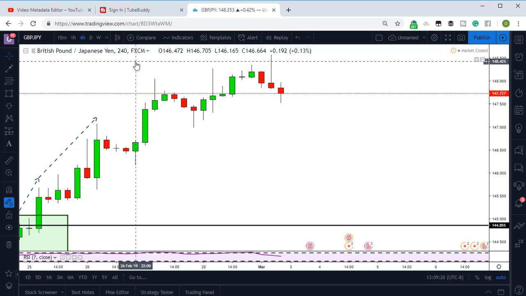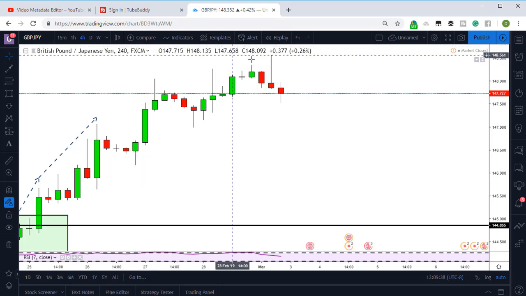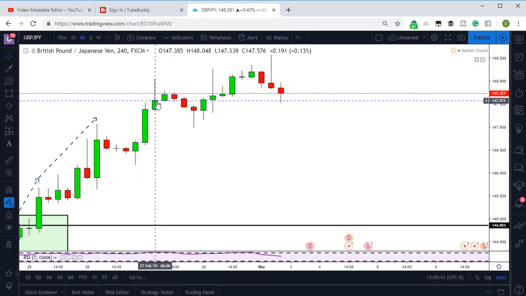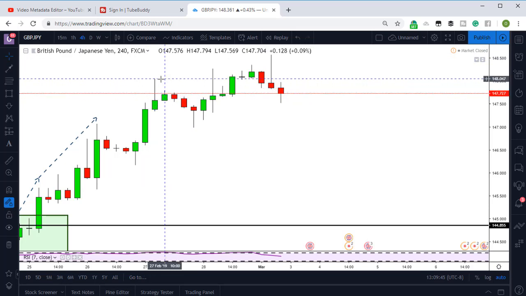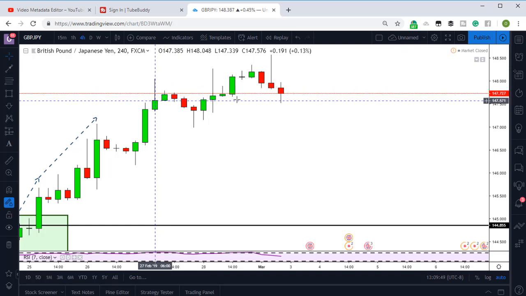If you're on the buying side, now you want to be more vigilant, because at this point sellers are starting to gain momentum. Another thing that gives us a clue the sellers are gaining momentum is these wicks over here. It shows that buyers came in and pushed up, sellers came in and sucked price action back down.